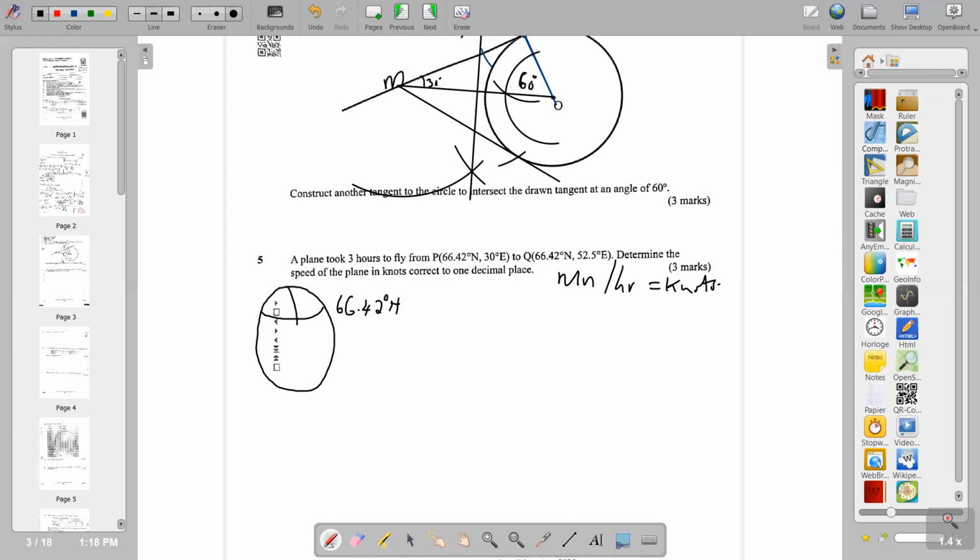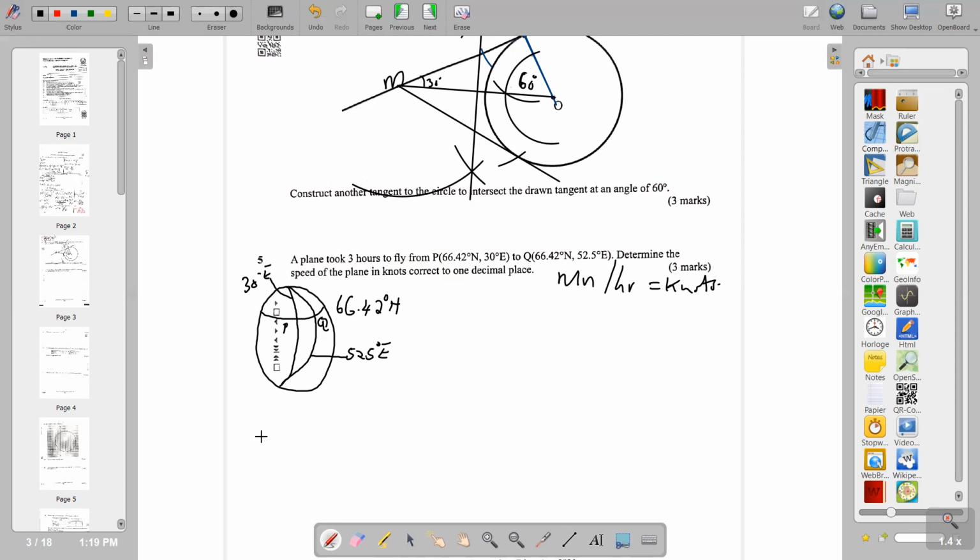So you have your point P here and your point Q here. These longitudes are 30 degrees east and 52.5 degrees east. So this plane was flying from P to Q.